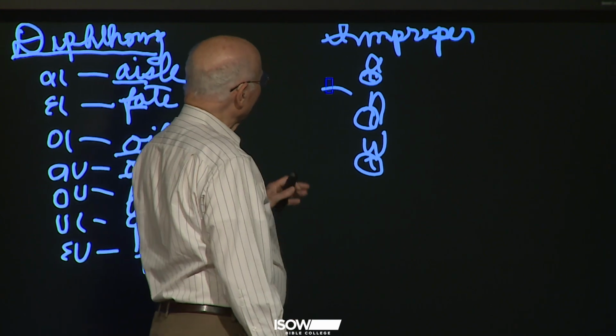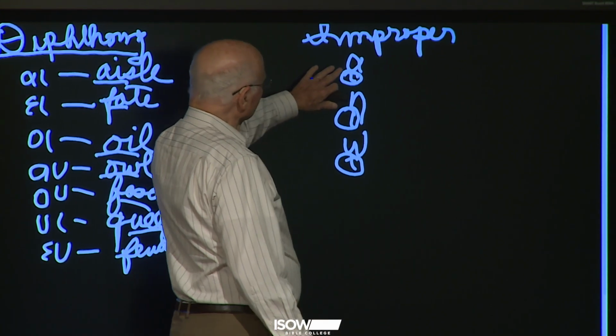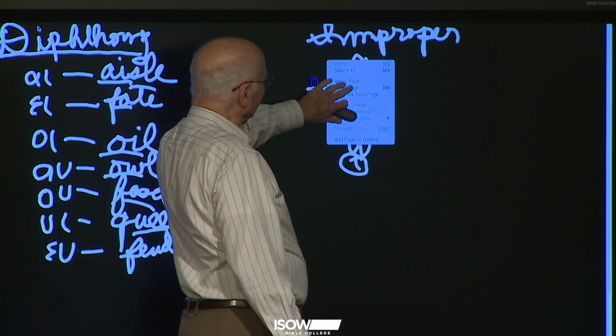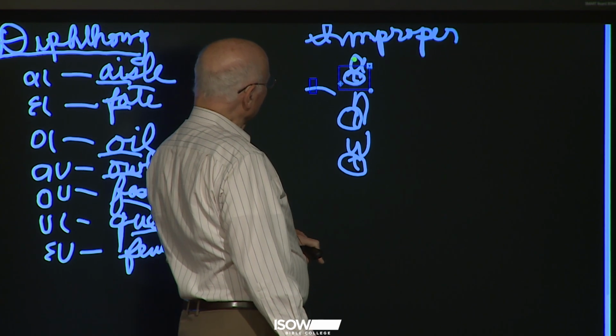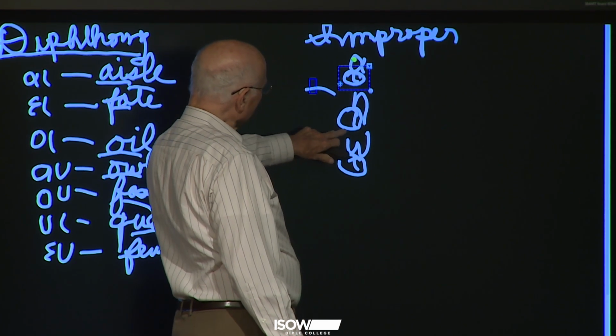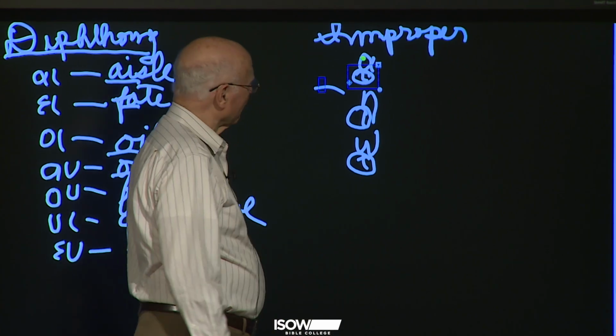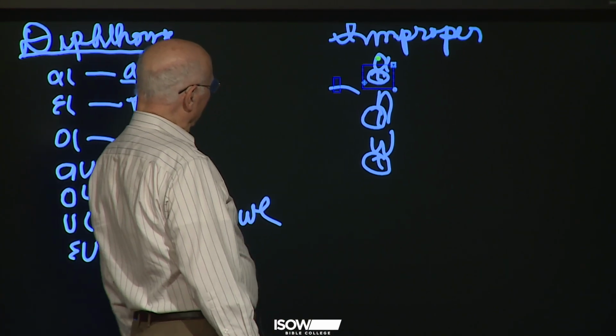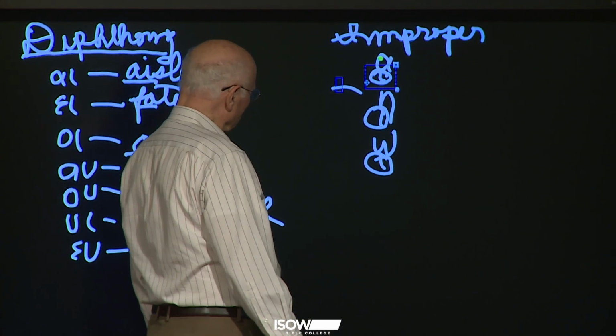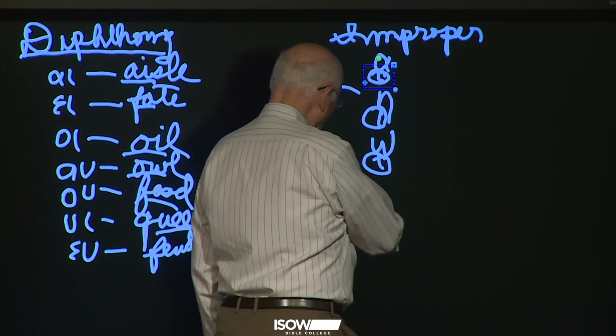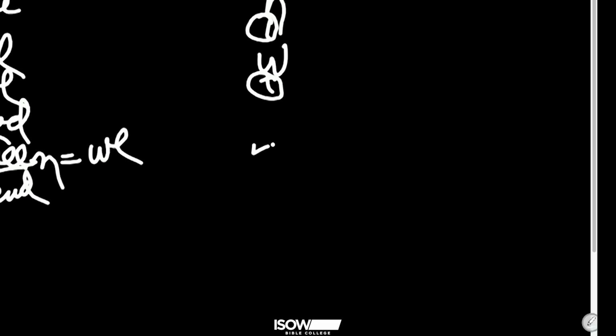So you pronounce the alpha as if the iota was not there, the eta as if the iota was not. These are called improper diphthongs. There is one other diphthong, and that is the eta upsilon diphthong, which is rather rare in the New Testament.